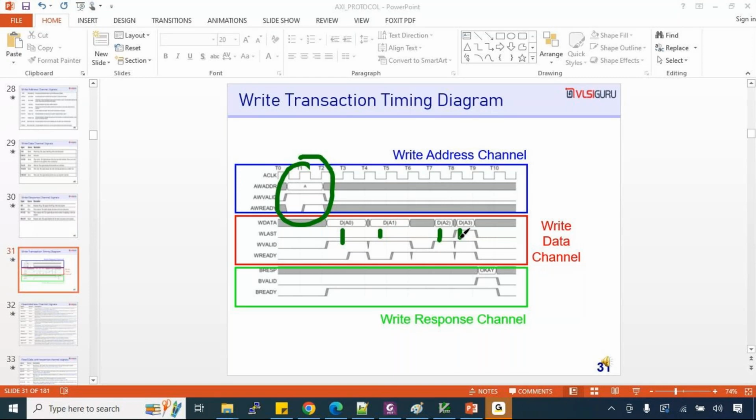Got it? Had it been an atomic transfer, for each next data phase, I should have done the address phase again. What it does is it takes more clock cycles. So this is the concept of burst transfers.